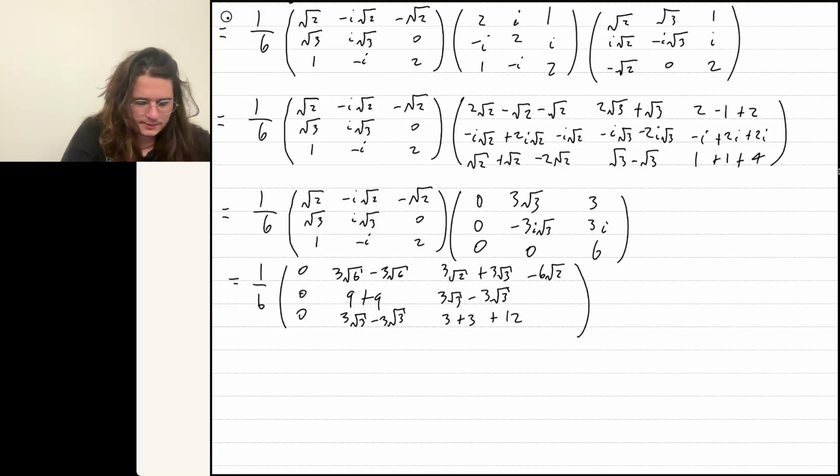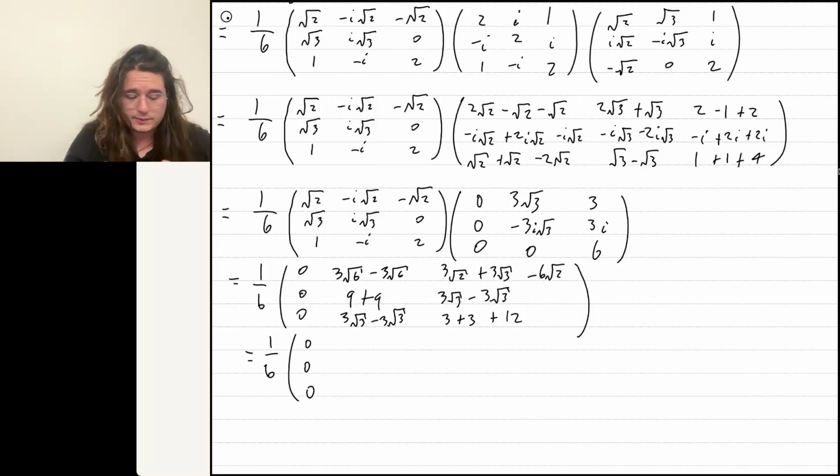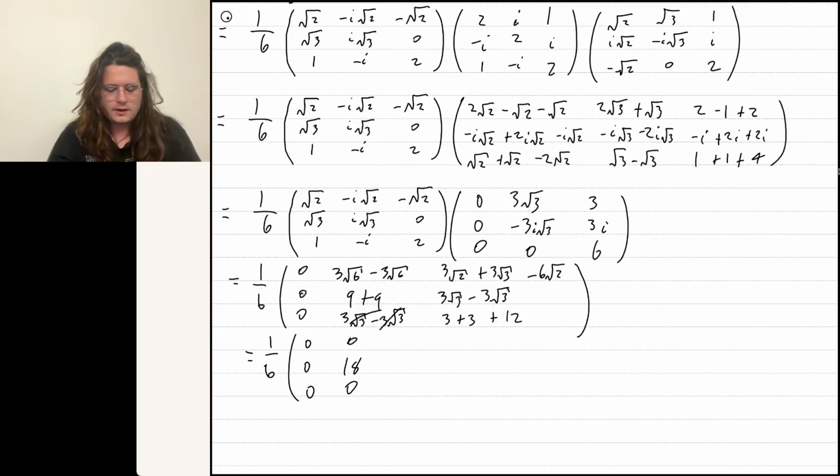Funny little stuff there. A lot of that is 0. The first column was 0, because it was all being multiplied by 0. 3 root 6 minus 3 root 6 is 0. 9 plus 9 is 18. These terms cancel to 0. Why do I have a 3 root 2 and then a 3i root 2? I don't think I did that term right.